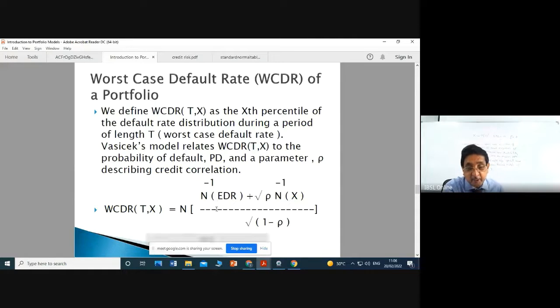N to the power minus 1 of 0.01 plus square root of rho, which is square root of 0.2, into N to the power minus 1 of 99.5 comes here. 99.5 should be given as 0.995, right? 0.995 should be given here. Then in the denominator you get square root of 1 minus 0.2, that is 0.8. Square root of 0.8 you get here.